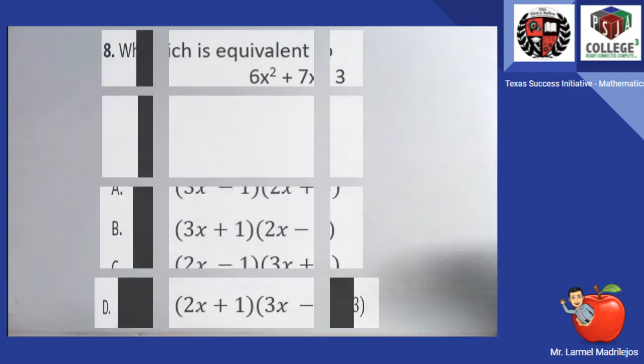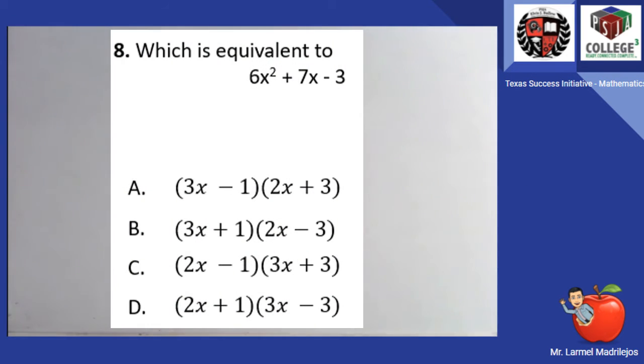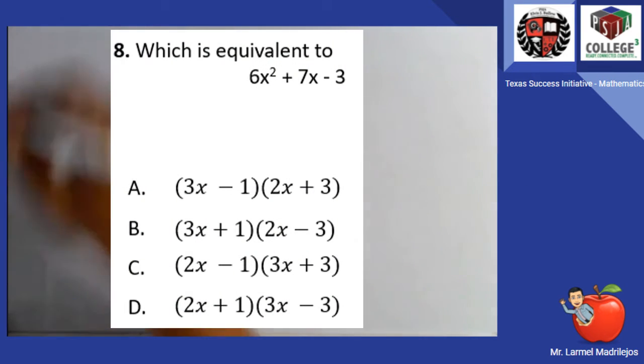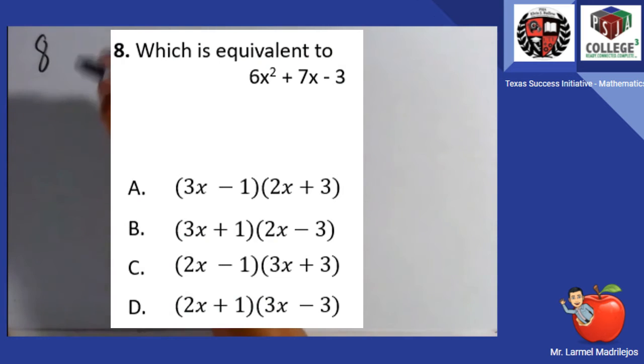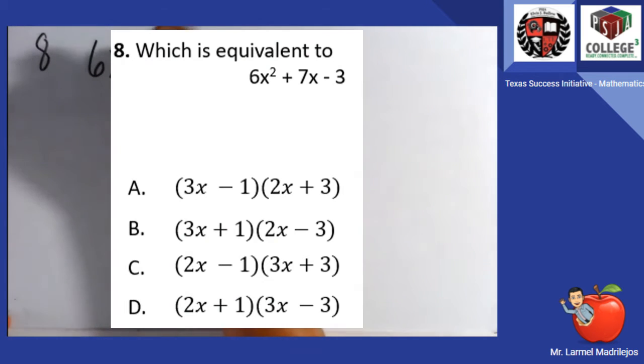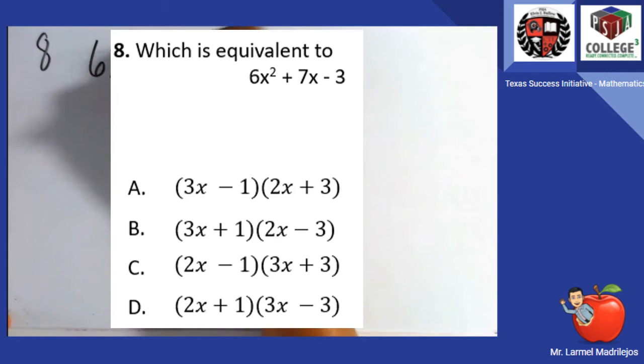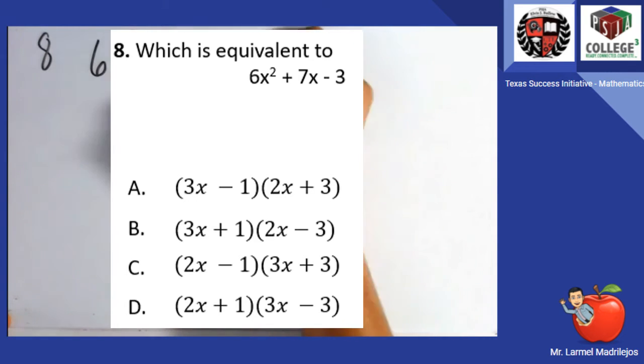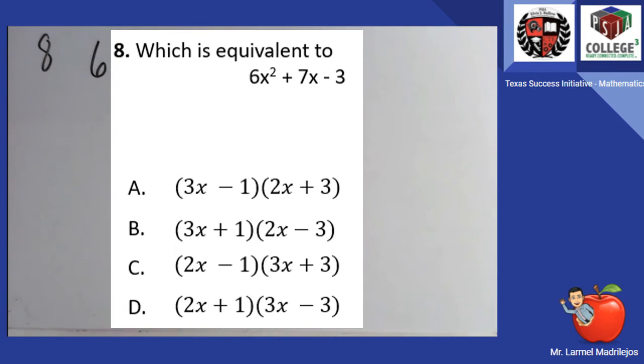Question number 8, 6x squared plus 7x minus 3. Okay. So this time, earlier it was easy.